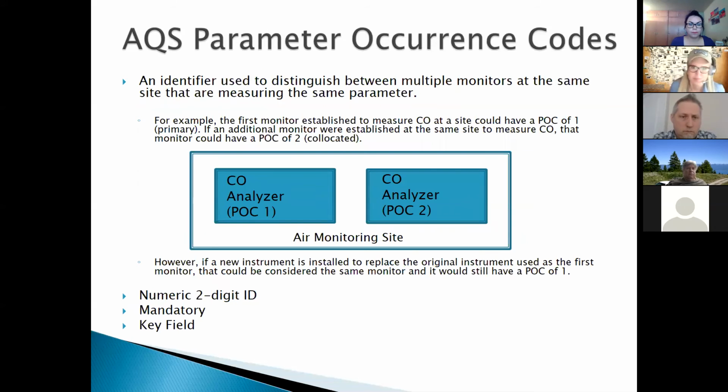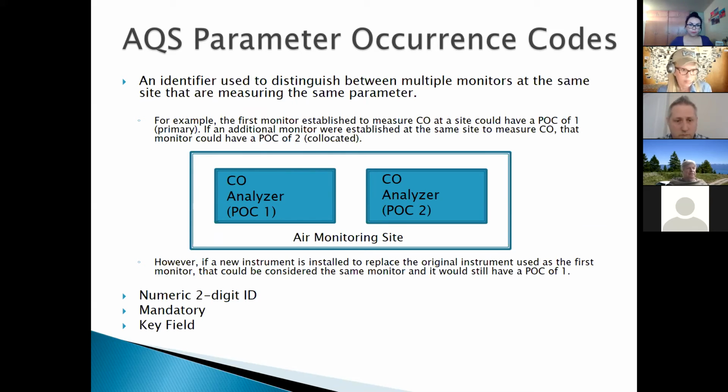So, AQS parameter occurrence codes. This is also called POC for short, and it's used to distinguish between multiple monitors at the same site that are measuring the same parameter. For example, the first monitor established to measure carbon monoxide at a site could have a POC of 1. If an additional monitor were established at that same site to measure carbon monoxide, that monitor would have a POC of 2.